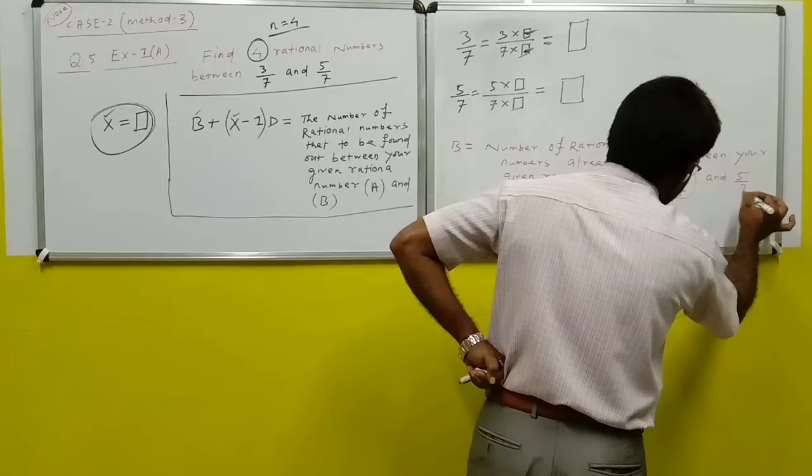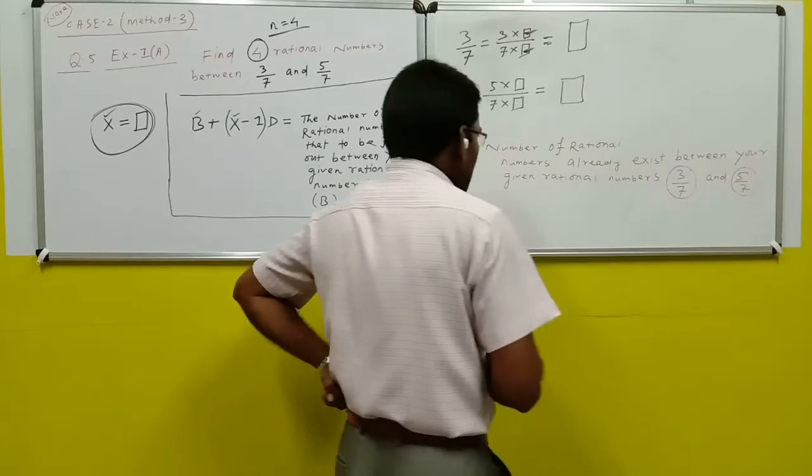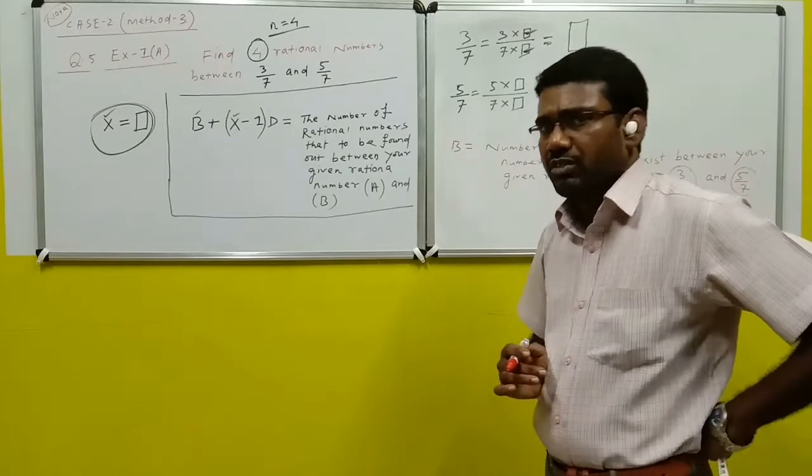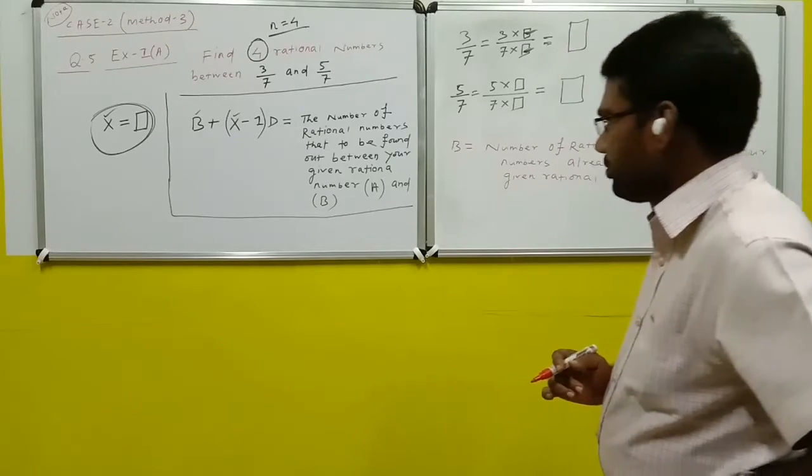Yes, b indicates the number of rational numbers already existing between your given rational numbers 3/7 and 5/7.